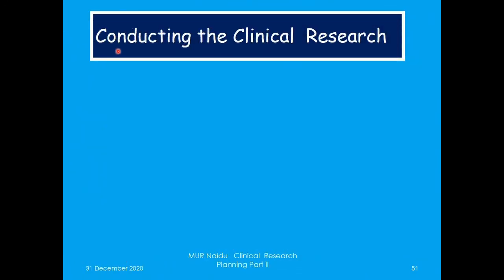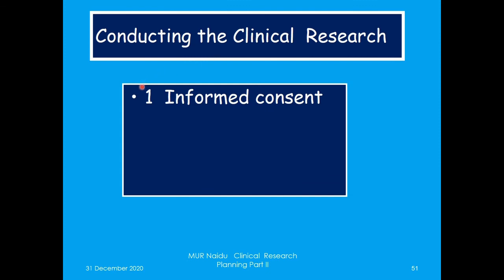Conducting any clinical research or clinical trial in human subjects requires very specific procedures and elements. These include, number 1, recording of informed consent. Number two, there should be clear instruction to each and everybody participating in the clinical trial, whether the team member or the participant.